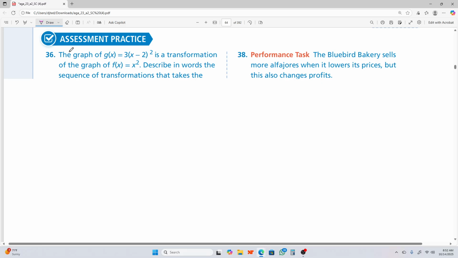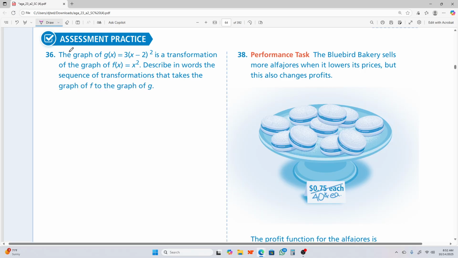The graph of g of x equals 3 times x minus 2 squared is a transformation of the graph of f of x equals x squared. Describe in words the sequence of transformation that takes the graph of f to the graph of g. So f of x would just look like this, right?